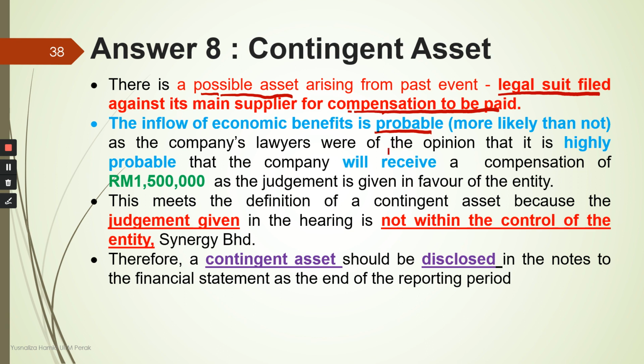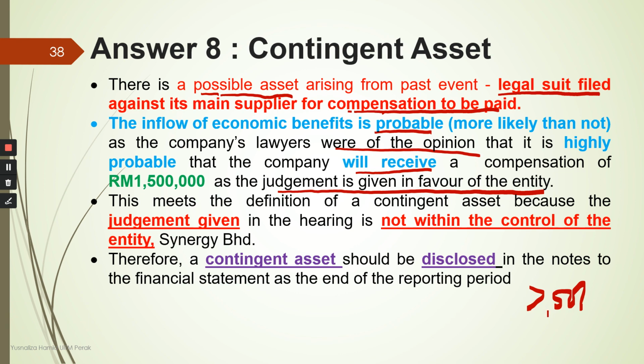Why? Because the lawyers were of the opinion that the company will be able to get what they claim. It is highly probable. So for them to get 1.5 million, as the judgment is given in favor of the entity, that is more than 50% chance.